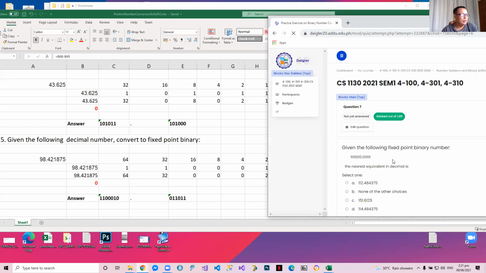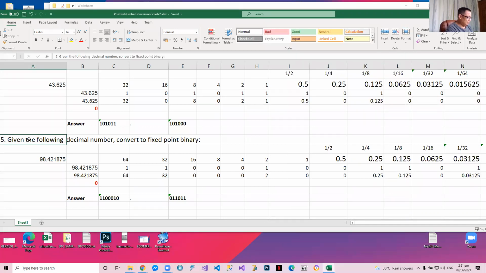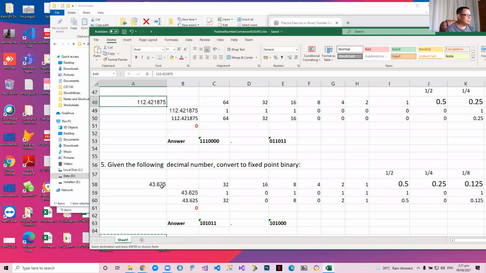3 more. We have 3 more. Given the following fixed point binary number, we convert into decimal. Okay? We convert into decimal. Okay? So, it's reversed now. This is our number 6. We are left with 2 numbers more.